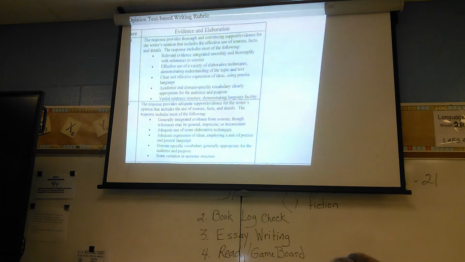One of the things I noticed when I read your essays, a lot of you are talking about Paul Revere deliberately misrepresenting the Boston Massacre in the engraving, but that wasn't something that supported your main idea. That was extraneous. Extraneous, meaning it was extra. It took you off topic. Yes, you know that that happened, but did that have anything to do with your main idea?